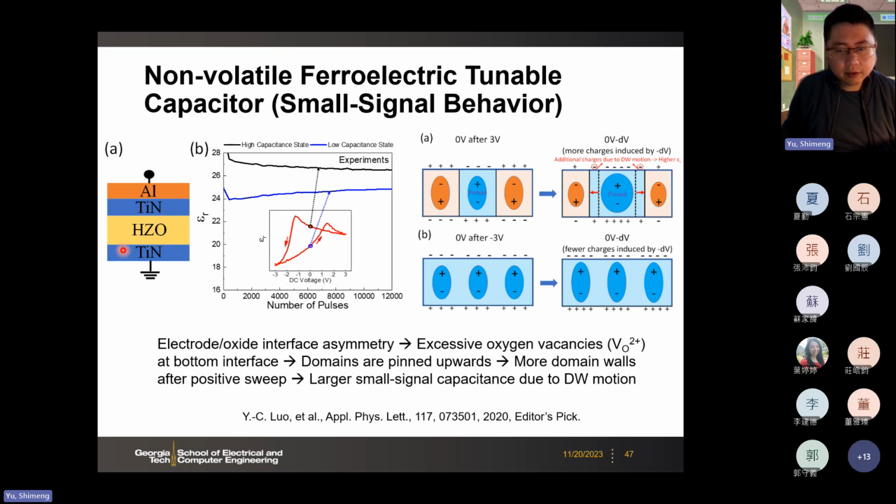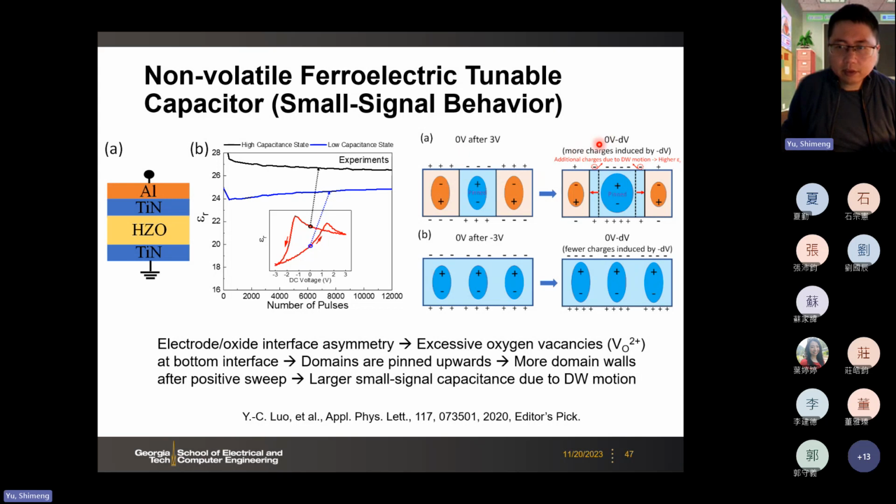Then oxygen vacancies are typically positively charged. Then we can have the so-called domain pinning effect, because we have positive charge here. And some of the domains will be pinned down like this, or pinned up like this. So then after the positive sweep, we still have some domains that are like this. Then we'll have the green domain boundary between those two.